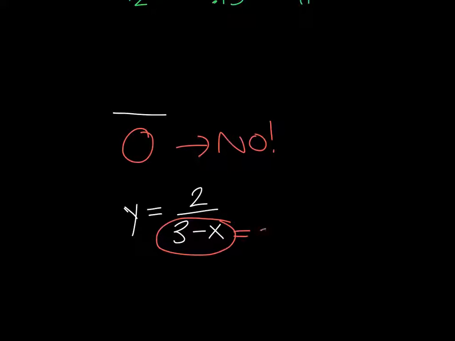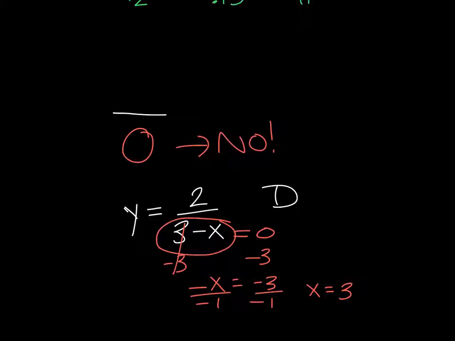So I'm going to set that equal to 0. And I'm solving an equation here. I'll just go ahead and solve. So we get rid of the 3. So now I have negative x equals -3, divide by -1, x equals a positive 3. Okay, so that means that your domain is all x but x equals 3.